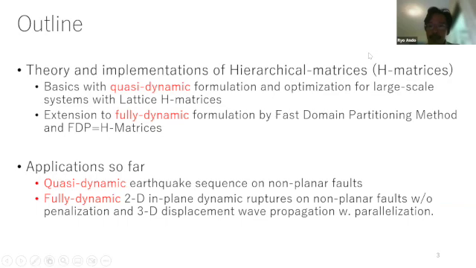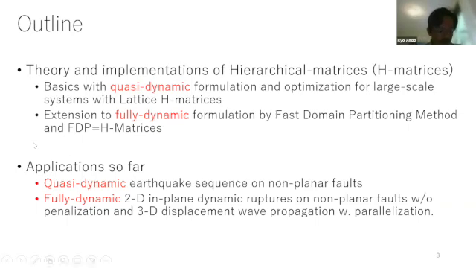And as for the recent update, we implemented optimization for large-scale systems with a new method called lattice H matrices. And then I talk about the fully dynamic extension by using the first domain partitioning method and the FDP-H matrices. Stephanie mentioned a little bit about this method, so I would go into some more details about it.